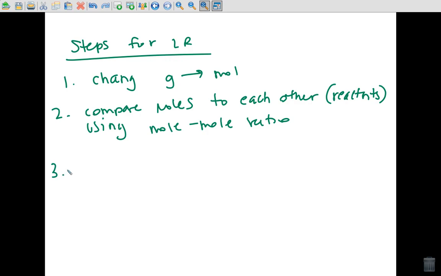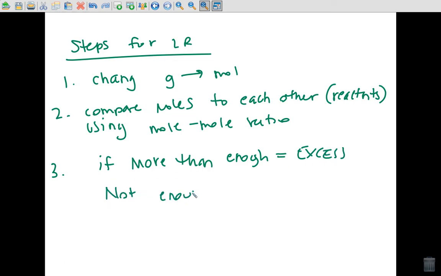Then on 3, you're going to decide if you have more than enough, that is going to be the excess. And if you have not enough, that's going to be the limiting reactant. And that's really the only 3 steps every single time.